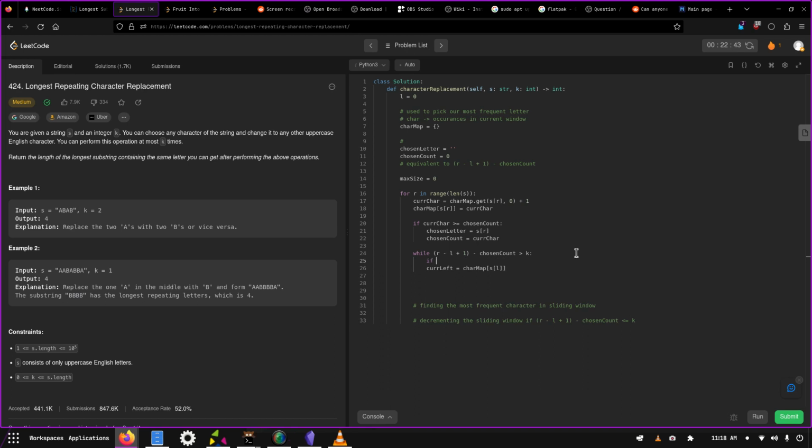Actually, first let's check if SL is equal to the chosen letter, because if it is, then chosen count is 1.